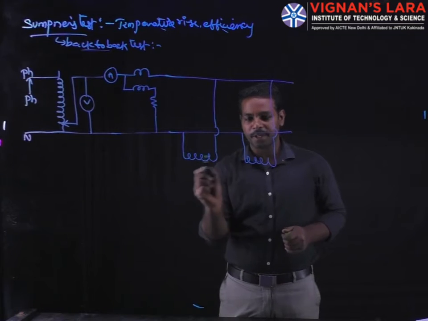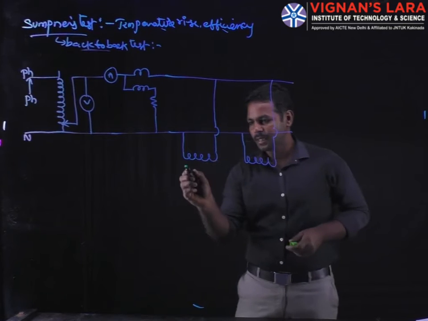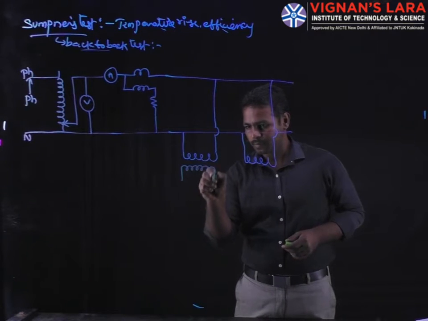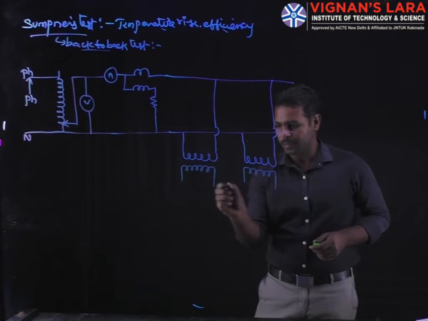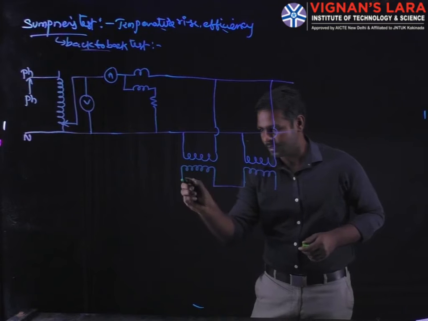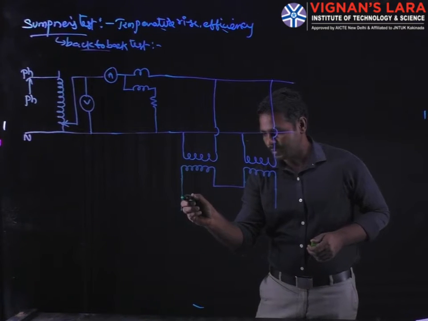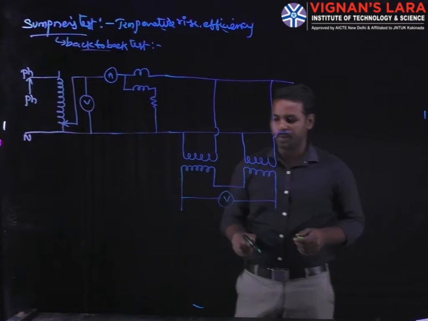These two are the primaries of both the transformers. The secondaries of the transformers are connected in series, and the voltage across these two is measured by a voltmeter.